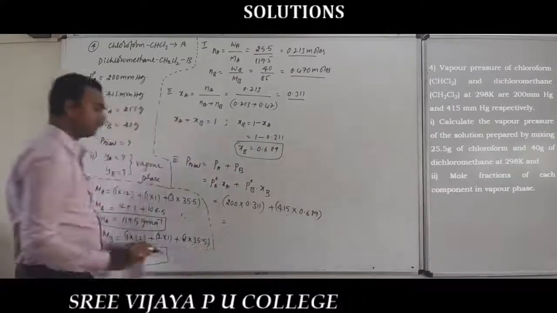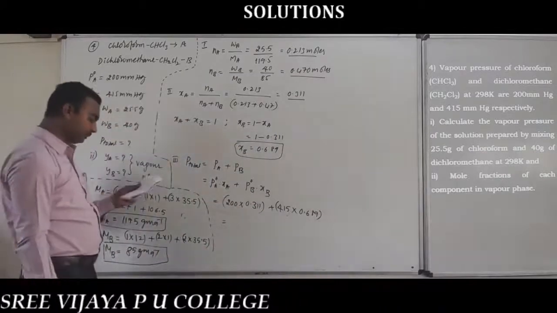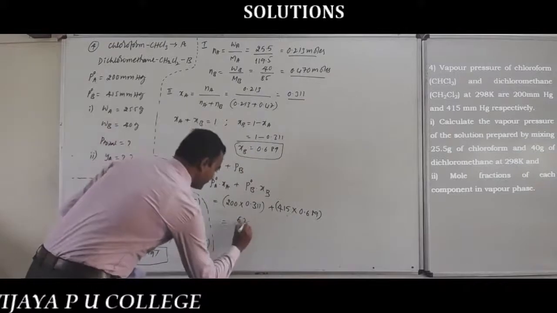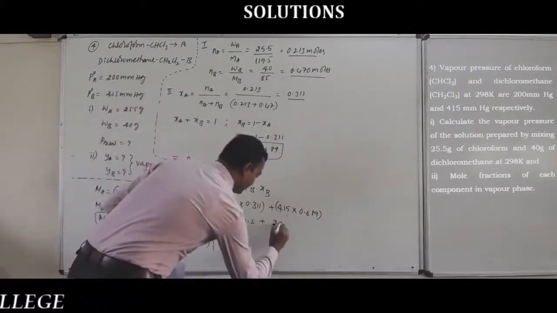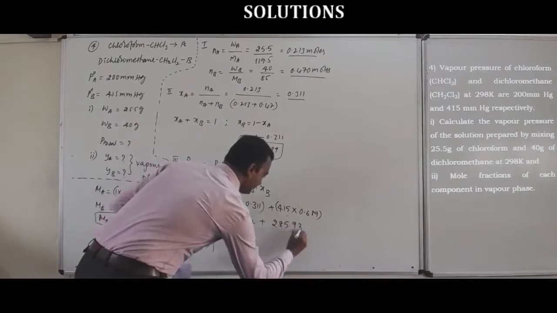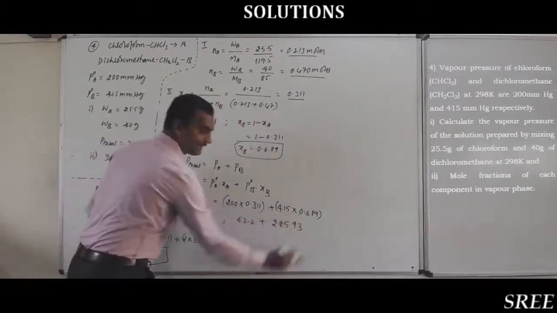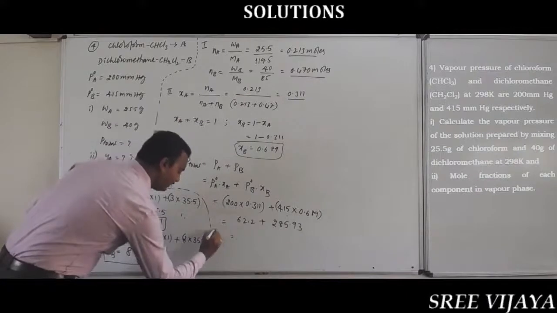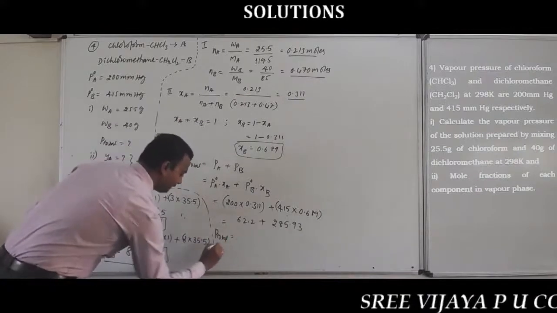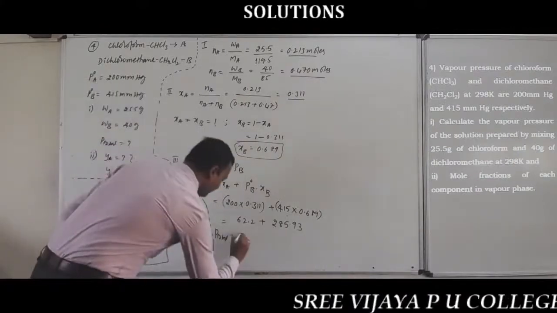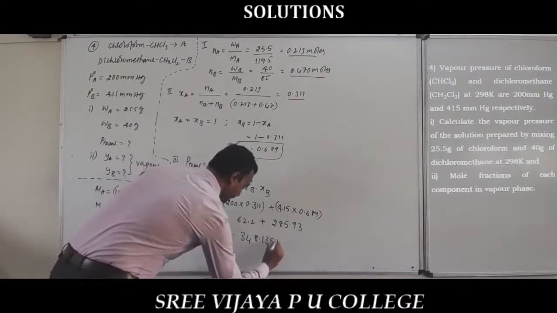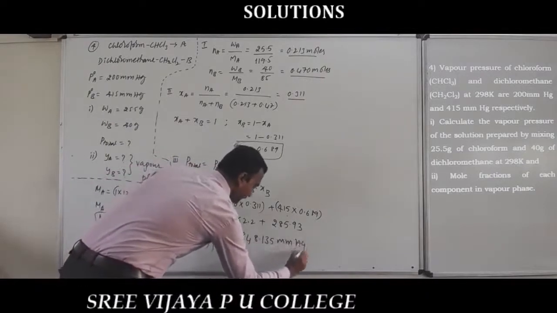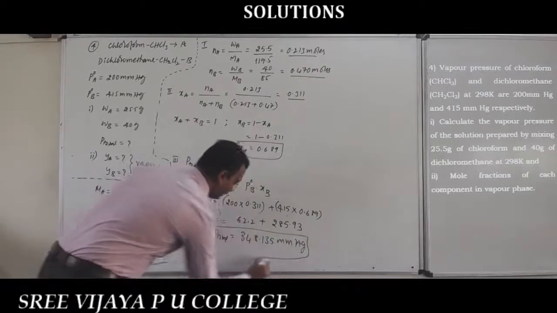So calculate: 200 into 0.311 is 62.2, plus 285.93 from 415 into 0.689. Adding these two, we get P total. So P total is equal to 348.135 mm mercury.